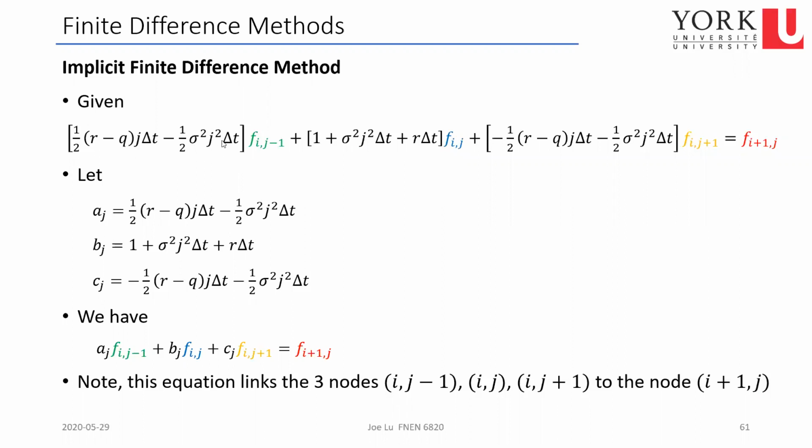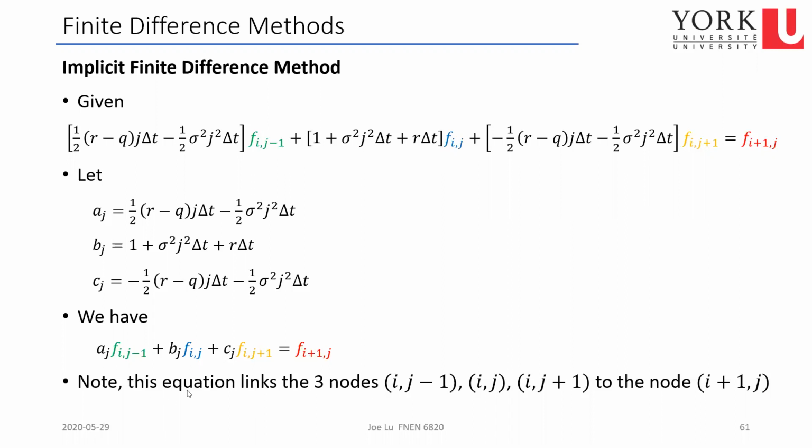All these numbers are given to you, so you can calculate those numbers in the bracket. So let's call them: aj is this, bj is equal to this thing here, cj is equal to that. To write it in a more compact way: aj times f i j minus 1 plus bj times f i j plus cj times f i j plus 1 is equal to f i plus 1 j.